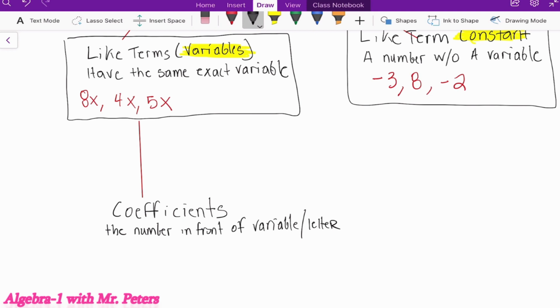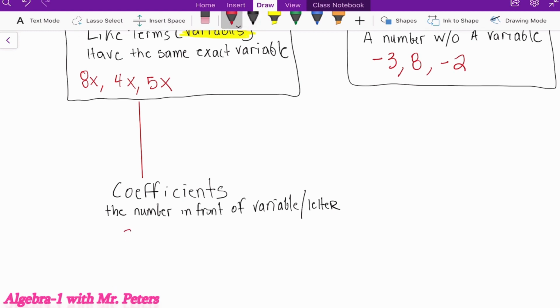So if I'm asking for the coefficients in this problem right here, I'm saying, hey guys, what are the numbers in front of my variable x? And you're going to just list those 3 terms, right? Which are 8, that's the number in front of the x, 4, and 5.